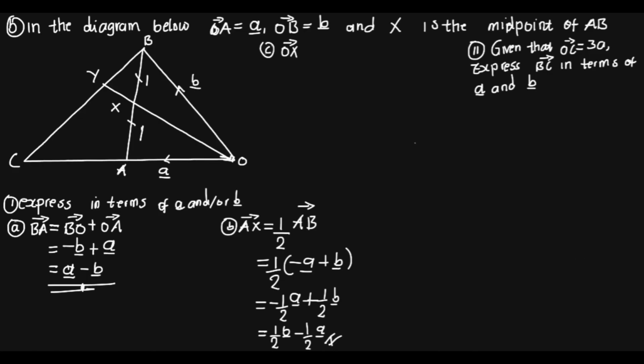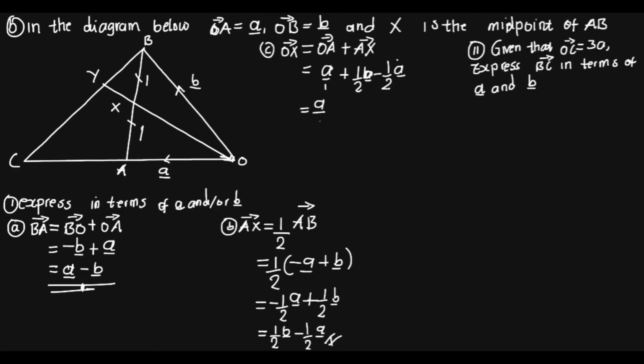Okay, so now let's proceed to OX. We want to find the vector from O up to X here. So OX is equal to, we'll move from O to A, since we have this vector, plus A to X. We use the same vector that we've just calculated. So O to A is vector A, plus our AX is positive half B minus half A. So we can see that we have A here. We'll collect the like terms.